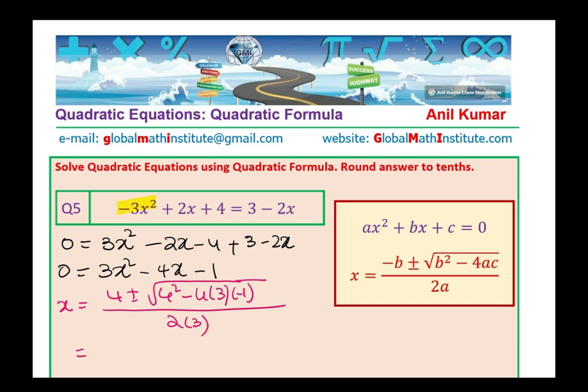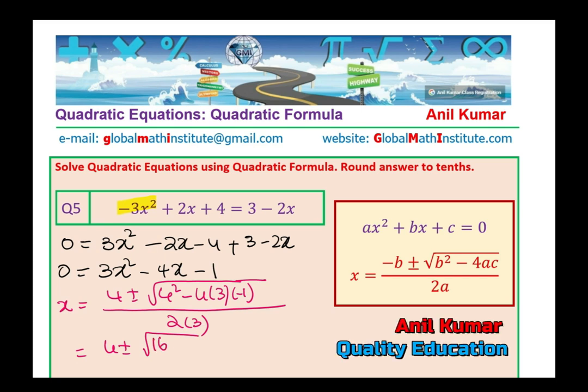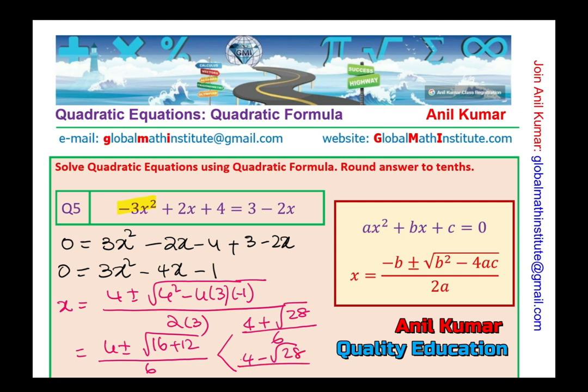So we get 4 plus minus square root of 4 squared is 16, and this is 4 times 3, 12, right? Over 2 times 3 is 6, right? So we have two different solutions. One is 4 plus square root of 12 plus 16, which is 28, over 6. And then we have 4 minus square root of 28 over 6, correct?